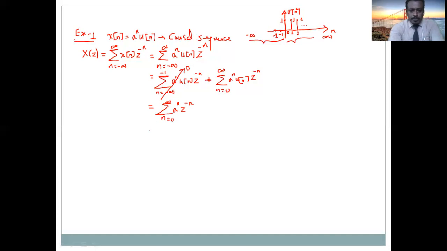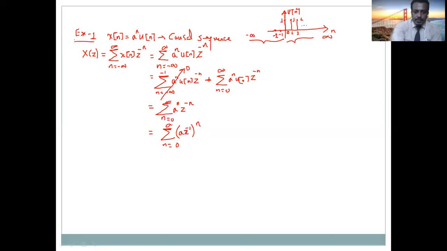Then we can again rewrite this summation, n from 0 up to infinity. We can take the power n common for a and z. So it will be a times z to the power of minus 1, the whole raised to n.